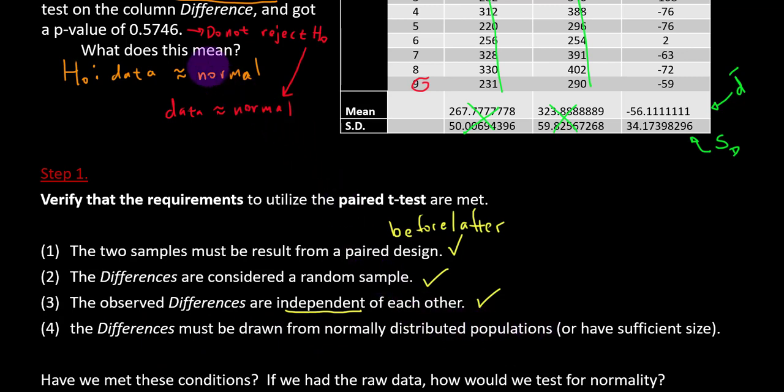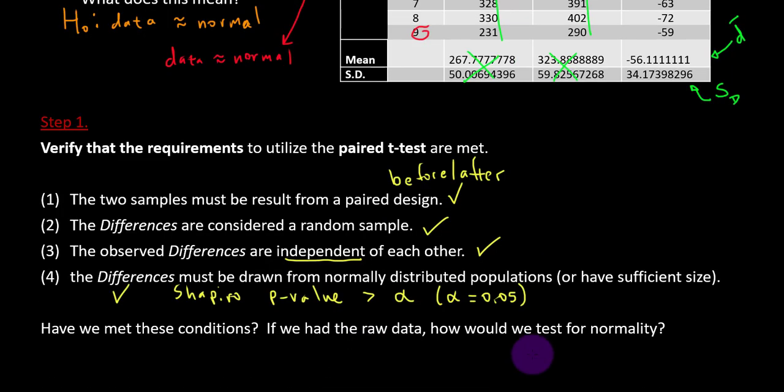And that's what we did up here with this Shapiro business. So that is check, because the Shapiro p-value was pretty large. It was bigger than any alpha you can consider. Usually alpha is 0.05. If we had the raw data, we would test for normality with that Shapiro test. But we would probably also look at the QQ plot, because those are really nice to look at.